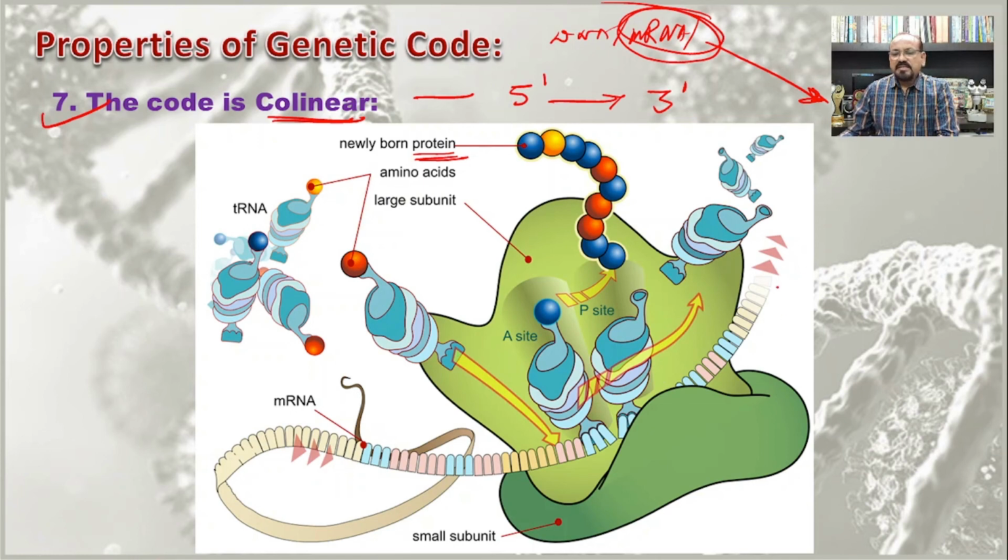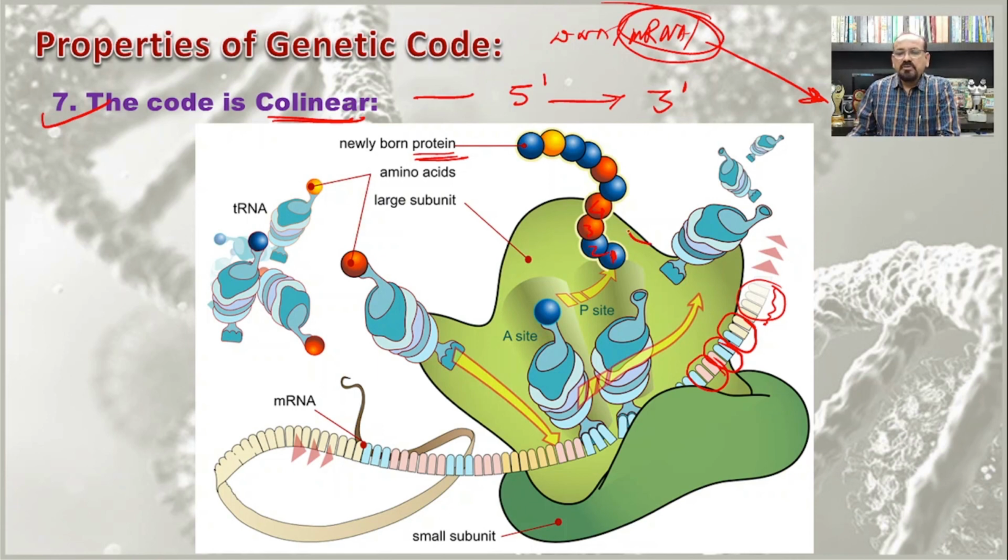So, say for example, if this is one codon which is used to specify, then this will be the one amino acid. If this is the second one, then this will be the second. This is the third codon, so this will be the third amino acid. This is the fourth codon, so this will be the fourth. And in this way, we can say that here the sequence of nitrogen bases or the sequence of codons on the mRNA will show the same relationship with the sequence of amino acids in the polypeptide chain or the protein.